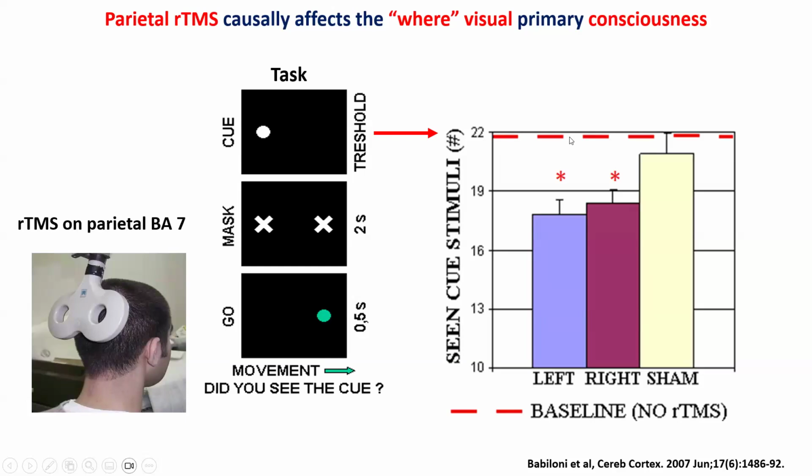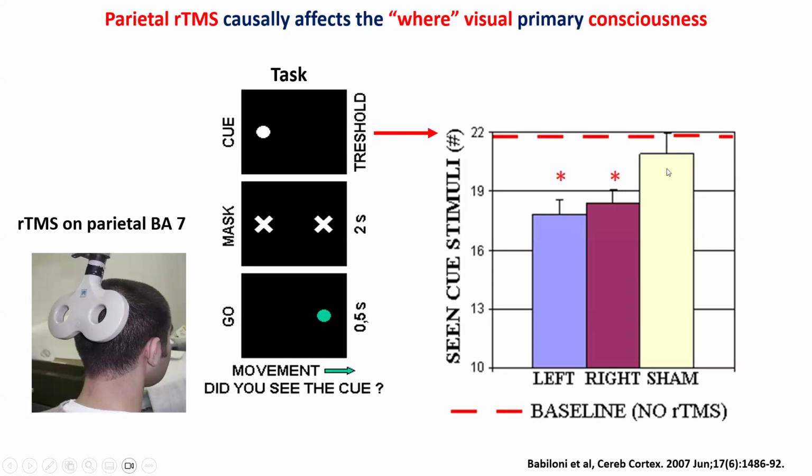In the red horizontal line, we have the number of cue stimuli perceived consciously with no transcranial magnetic stimulation. And you see that they are about 22 out of 40. And this was expected in relation to the use of sensory threshold for the appearance of cue stimuli.